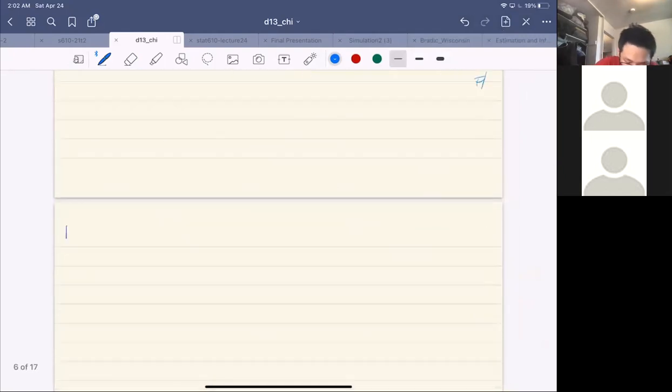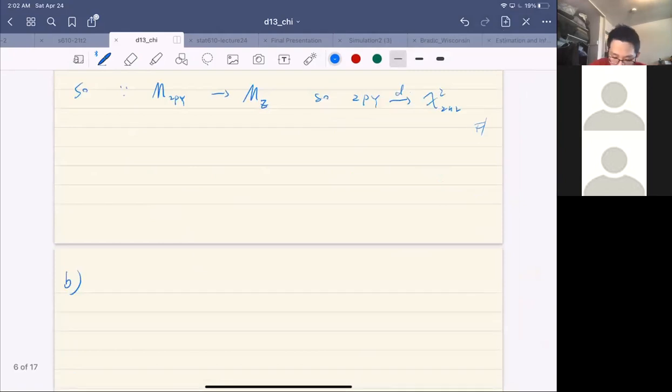So for B, we want to construct a confidence interval. So we can say this follows the chi-square distribution. So the acceptance region can look like this. And we want to collect all the p that satisfy this.